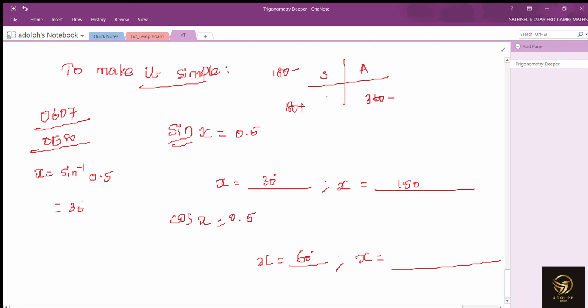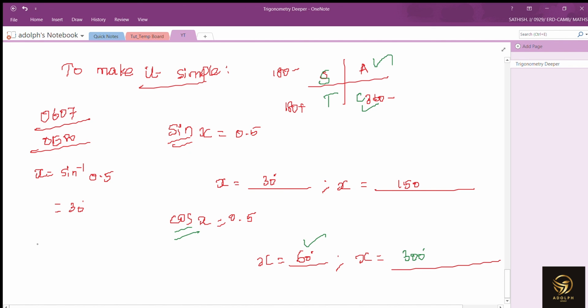All Silver Teacups. We are talking about the trigonometric ratio cos, cosine. It is positive in the first quadrant. Yes, we got that answer, and it is positive again in the fourth quadrant. So how are we going to represent the fourth quadrant? It is 360 minus. So 360 minus that value is going to be 300. So this is the answer.